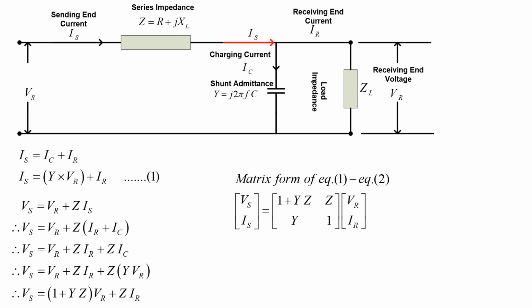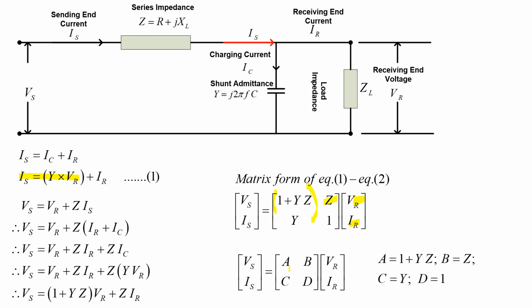So if you expand this equation, you will get Vs is equal to 1 plus yz into VR plus z into IR from this equation, and Is is equal to, you can write it from these expressions. So from this ABCD parameters, this is my A, this is my B, this is my C, and this is my D. So if in exam it is given to derive the ABCD parameters for medium transmission line with nominal capacitor method, then you need to derive up to this point.